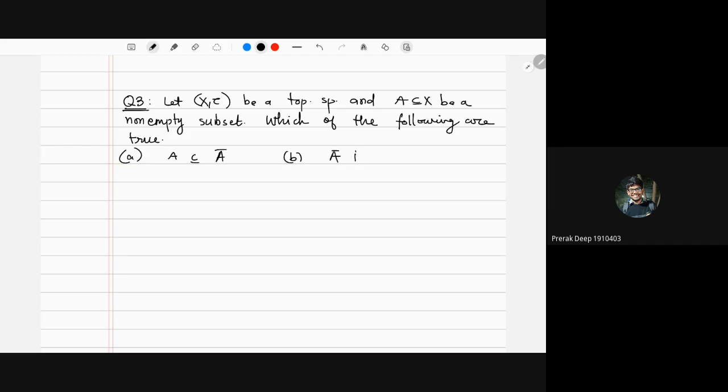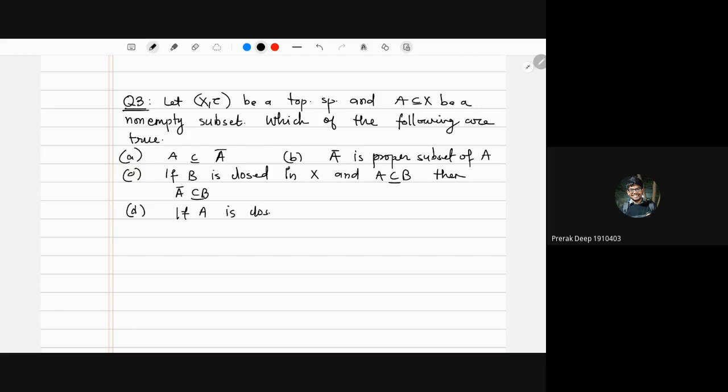Option B: A closure is a proper subset of A. Option C: if B is closed in X and A is a subset of B, then A closure is also a subset of B. Option D: if A is closed in X, then A closure is a subset of A. Again, I will give you a minute or two to think about this question, and then we will discuss the solutions.